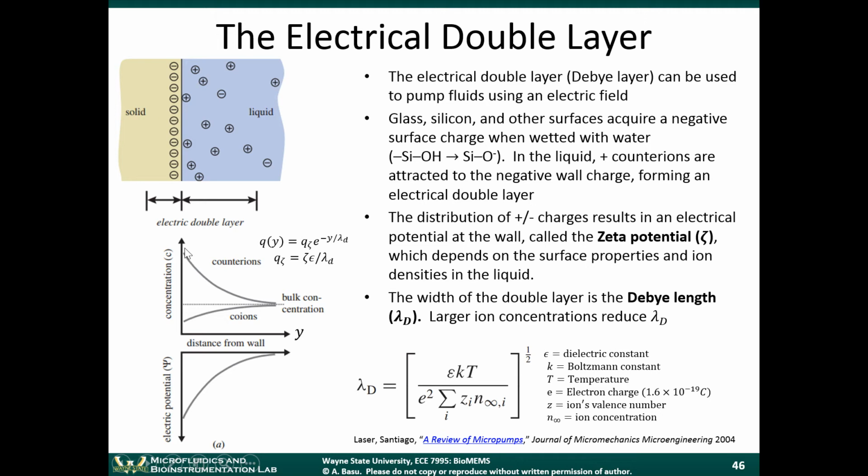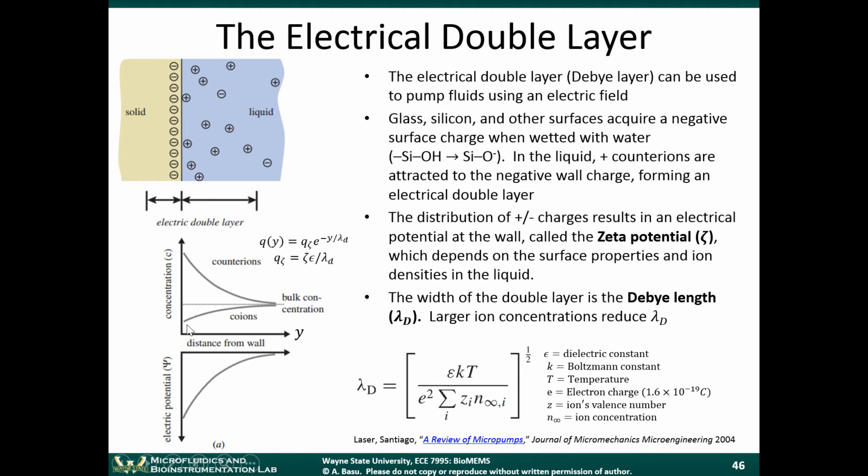The co-ions, due to the high concentration of positive ions, get attracted to these positive ions here. So they also have a slightly increased concentration near the surface of the channel. But notice that the surface charge is primarily positive. The counter ion charge density is much larger than the co-ion density.